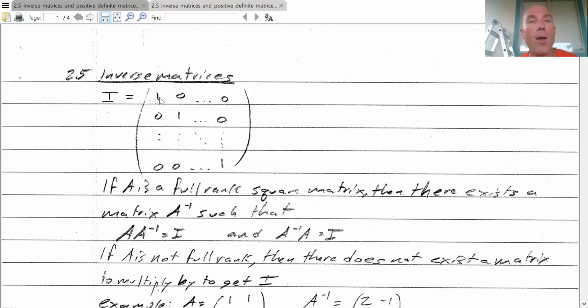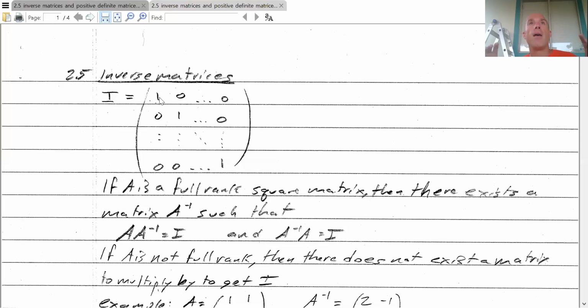What we want to focus on right now is matrices where if I multiply by some other particular matrix, I get back the identity matrix. This only applies to square matrices when we talk about inverses and identities.